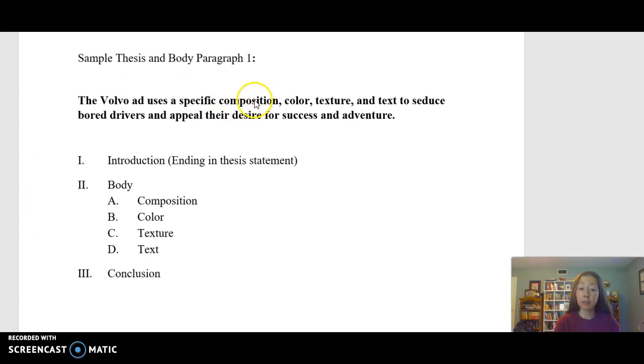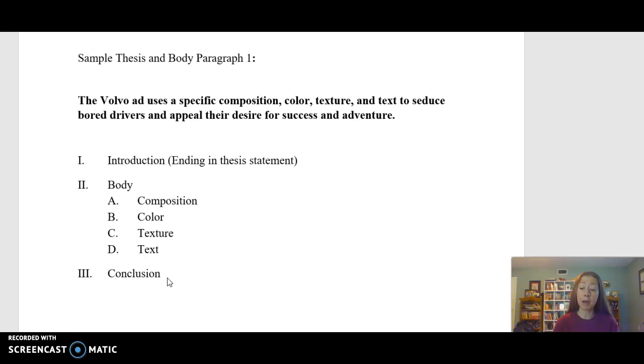Composition is listed first in our thesis. Therefore, composition will be the topic of our first body paragraph. Color is listed next and will be the topic of our second body paragraph, and so on and so forth. And then obviously your essay will end with a conclusion. So real easy to put your ideas into an outline once you have a thesis statement.